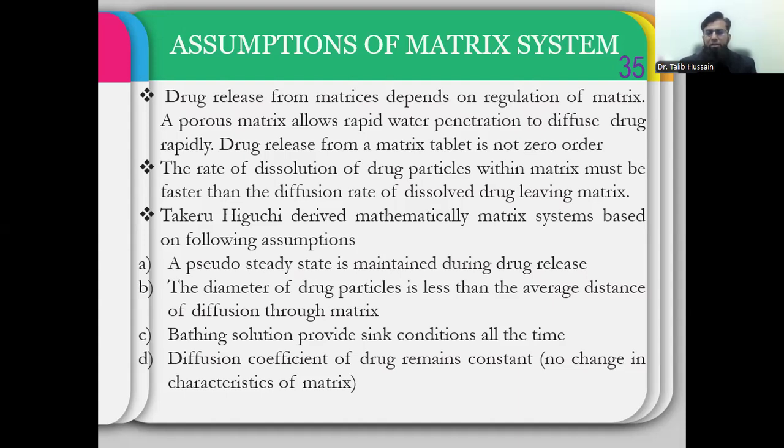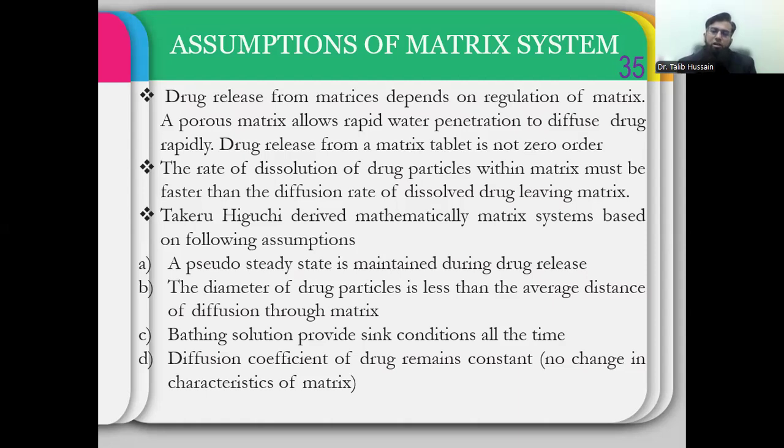Drug release which is dependent on the matrix can be controlled by having some assumptions. For example, there are different scientists who have assumed that if such a condition exists, the matrix will be a zero order release. But if such conditions are not met, then it can depend on an equation which is concentration independent but not zero order.